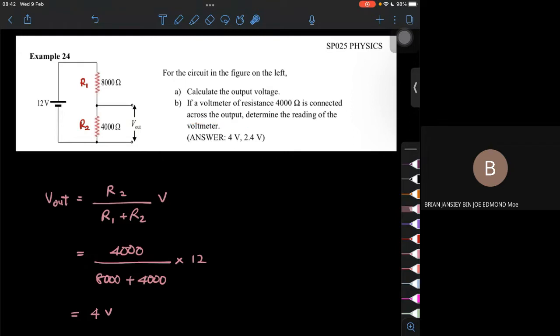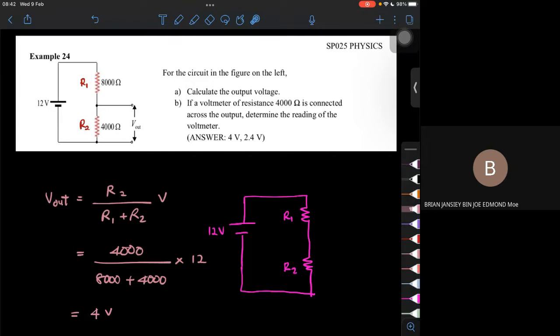So the new circuit, so this is the original circuit, right? We have 12 volt, R1, R2, and then we connect another resistance.